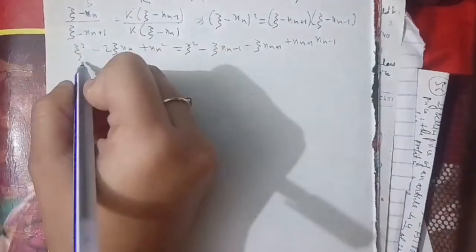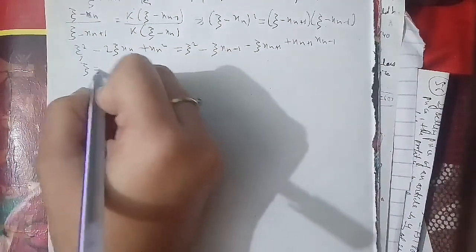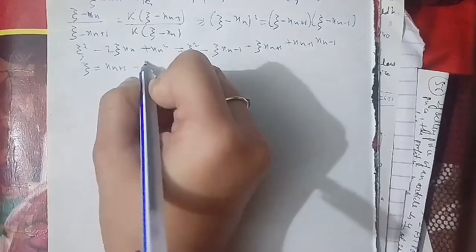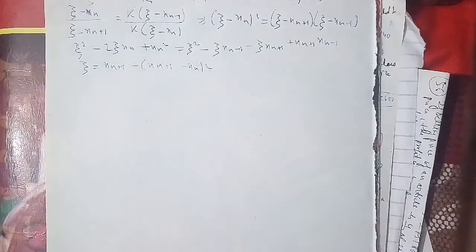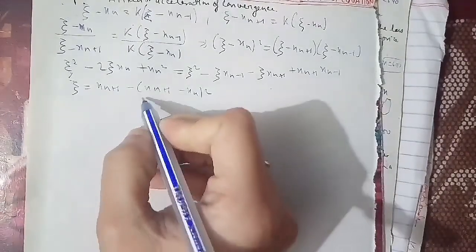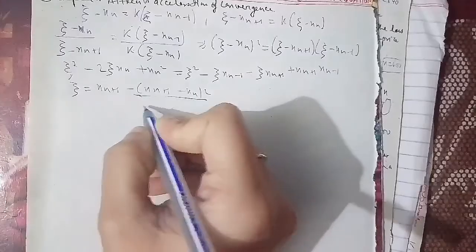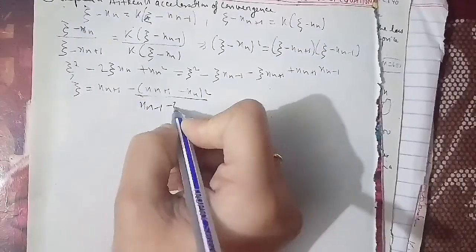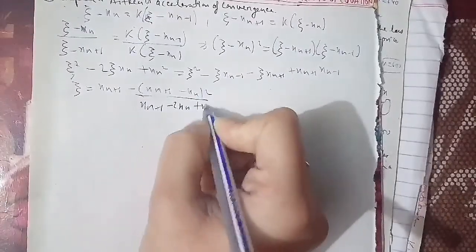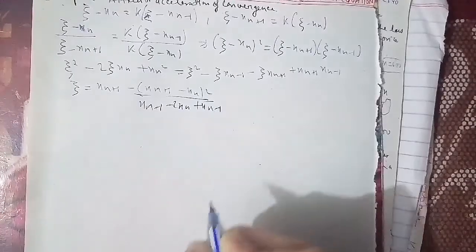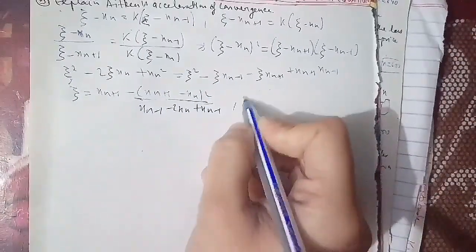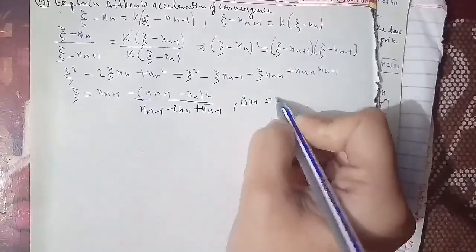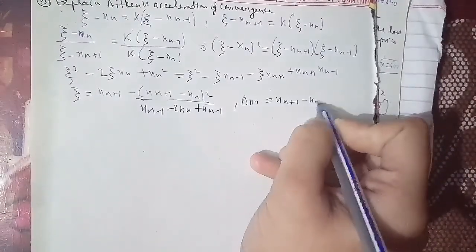Simplifying the above equation, alpha equals xn plus 1 times xn minus 1 minus xn squared, upon xn plus 1 minus 2xn plus xn minus 1. Now let us define delta xn, which equals xn plus 1 minus xn.